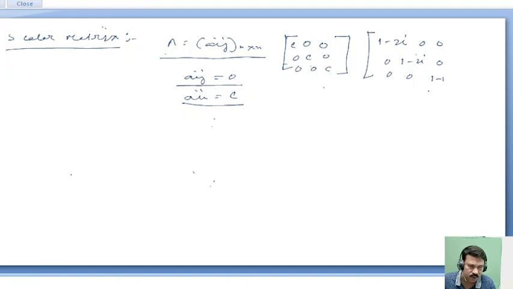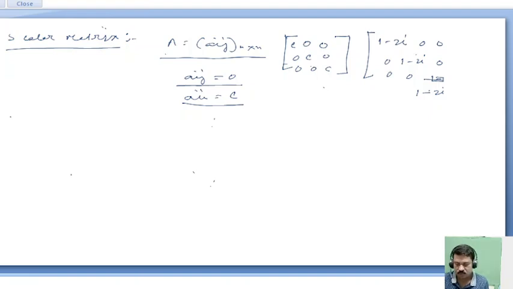In this type of matrix we see that all the diagonal elements are all equal and elements other than the diagonal elements are all 0.